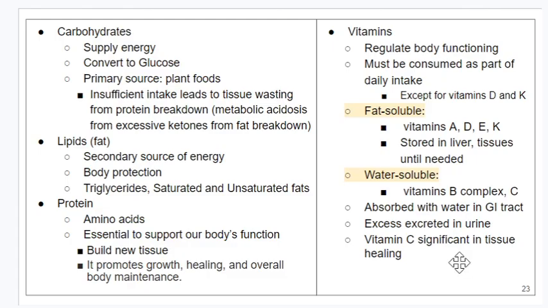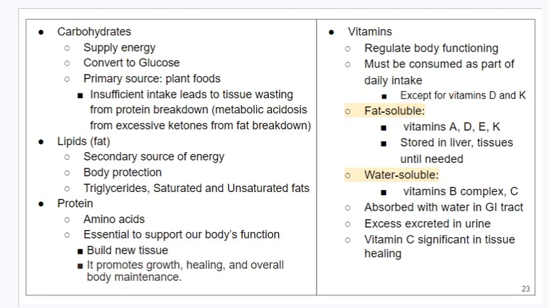Vitamin C is especially significant in tissue healing. And obviously, for those individuals that we want to stay healthy, for instance, my whole family, all my kids and my husband, all came down with basically a cold over spring break. And I tried to increase my vitamin C to hopefully avoid catching it, as well as just supporting my immune system if I did come down with that cold.